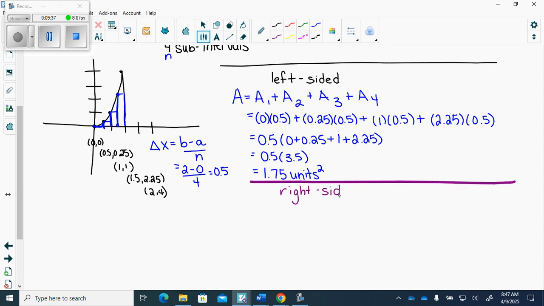No. So we still are going to have 4 rectangles, correct? Because it's still 4 subintervals. But what's changing this time? What of the rectangles is changing this time? Did the width change? No, the width is still 0.5. That's not changing. If I take the right-sided, what's changing? The height.